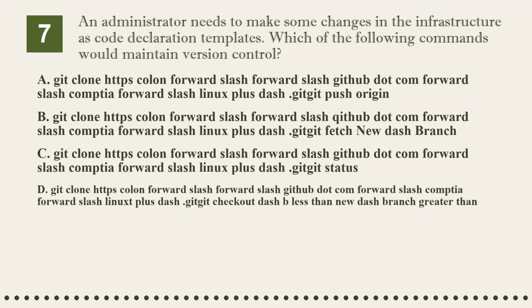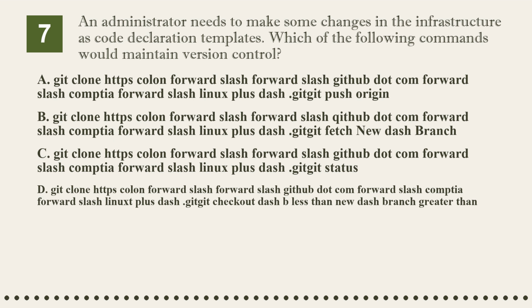Question 7. An administrator needs to make some changes in the infrastructure as code declaration templates. Which of the following commands would maintain version control? Option A, git clone https://github.com/CompTIA/Linux Plus, git push origin. Option B, git clone https://github.com/CompTIA/Linux Plus, git fetch new branch.